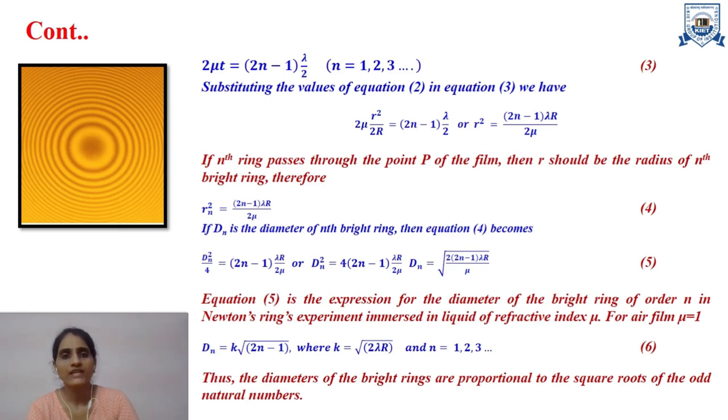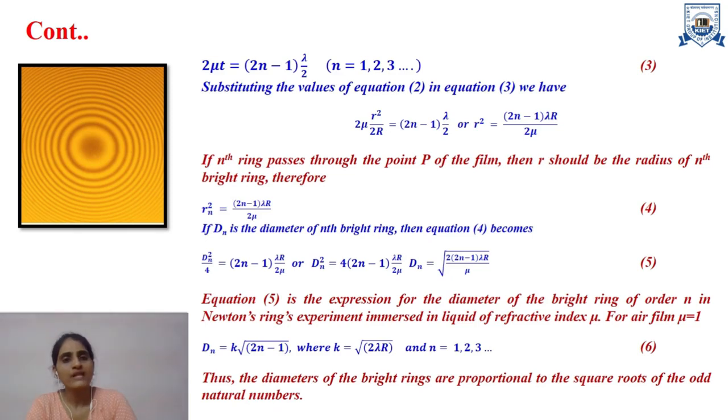So simply we get twice mu r square upon 2R. This is equal to (2n minus 1) lambda by 2, or if I cancel out some parameters over here, my r square is (2n minus 1) lambda R upon twice mu.